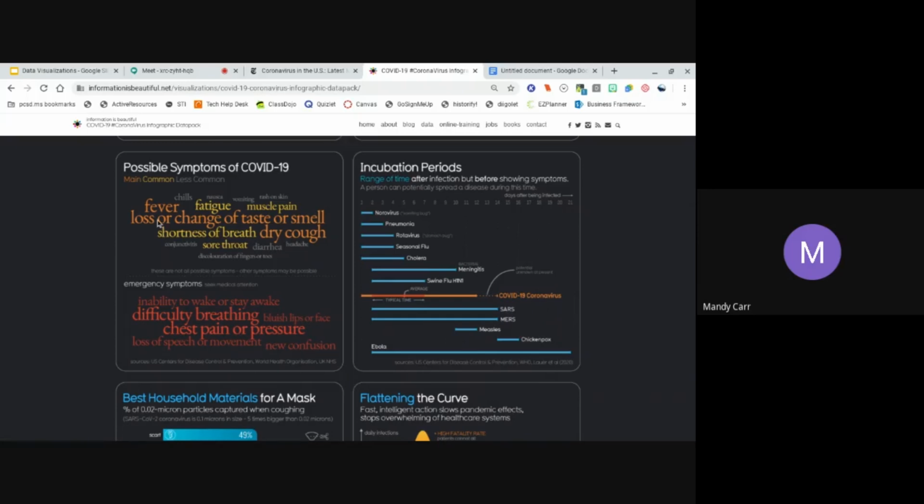Well, most everybody, or a majority of people, said that they had fever, loss or change of taste or smell, and dry cough. And that's why those are bigger, because more people experience those symptoms. The things that are smaller around here, those were things that people didn't experience as often. So those were things that they did not report as having the symptoms of. So that was not in the data as many times.